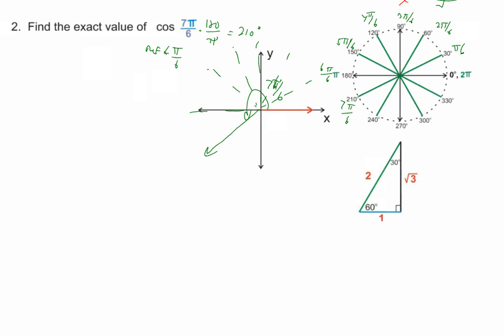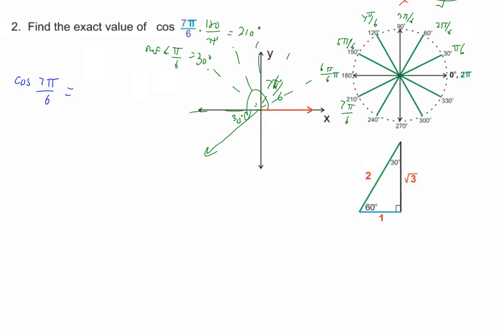All right, so bottom line, the reference angle is how many degrees? 30 degrees. All right, can you finish it from there? So you got a 30-degree reference angle. Find the exact value of the cosine of 7 pi over 6. Watch your positives and negatives.